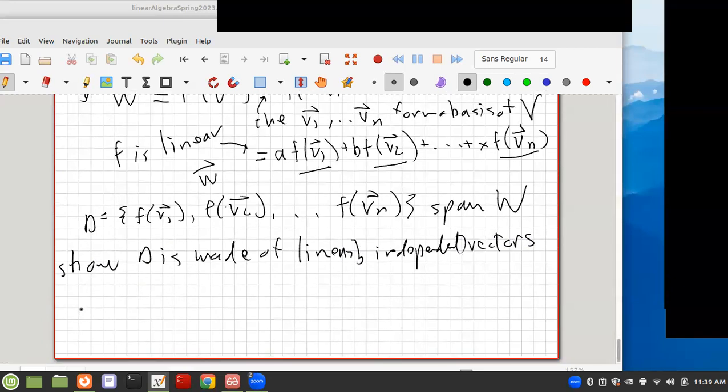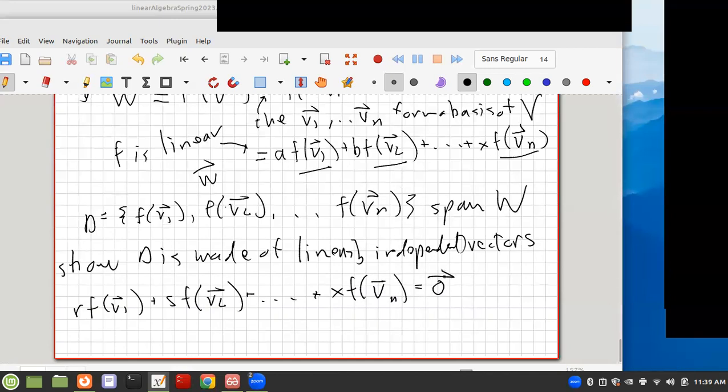How do we know? We take some linear combination like R F of V1 plus S F of V2, the same kind of thing, and then X F of Vn equals the zero vector in W, right?